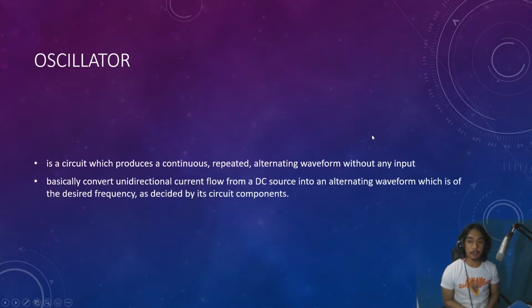An oscillator is a circuit which produces a continuous, repeated, alternating waveform without any input. Basically, it converts unidirectional current flow from a DC source into an alternating waveform of the desired frequency, as decided by its circuit components.